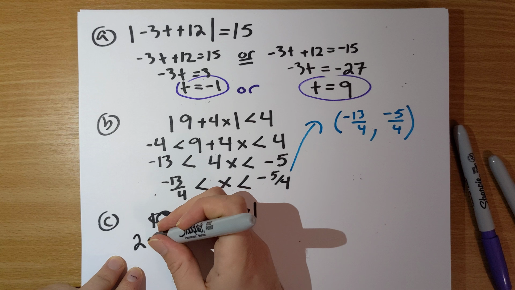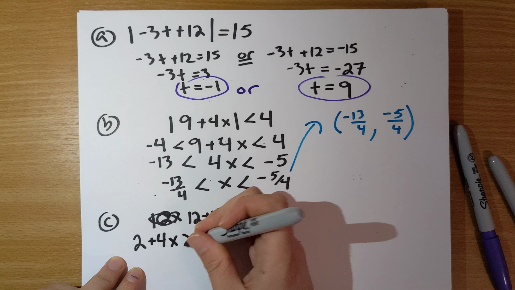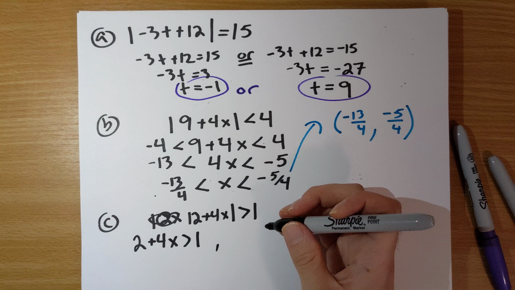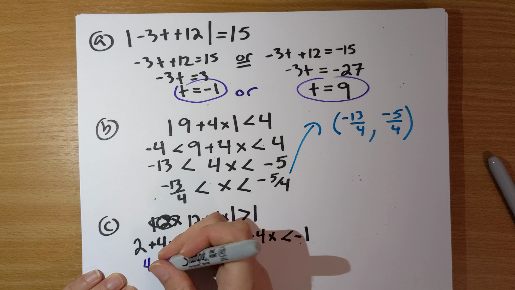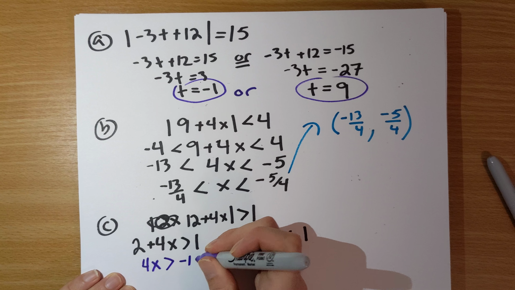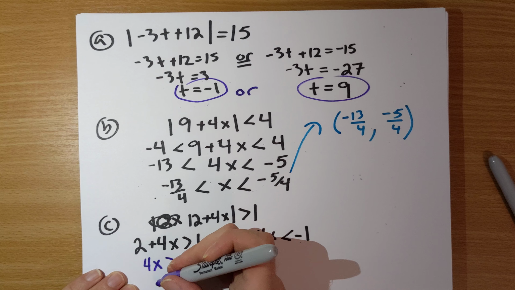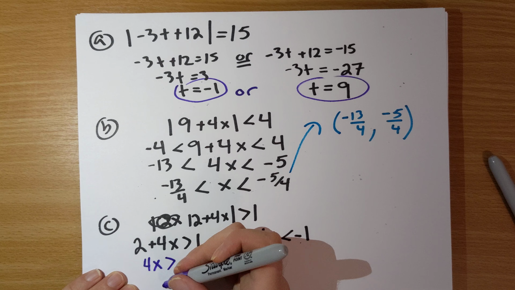We can just have 2 plus 4x bigger than 1, or we could have 2 plus 4x less than negative 1 here. Solving this one, 2 plus 4x is bigger than 1, subtract 2, we get 4x is bigger than negative 1/2. Divide by 4, x is bigger than negative 1/8.